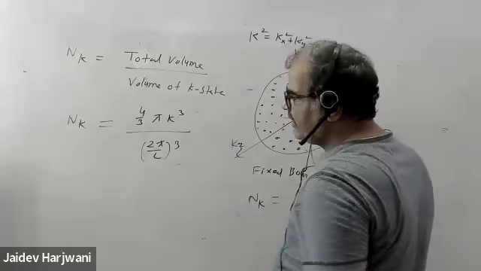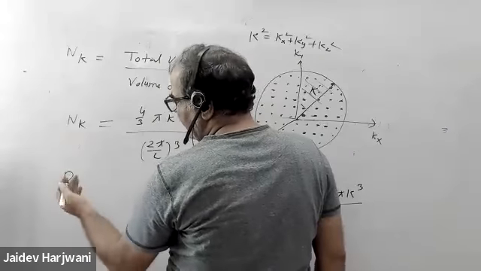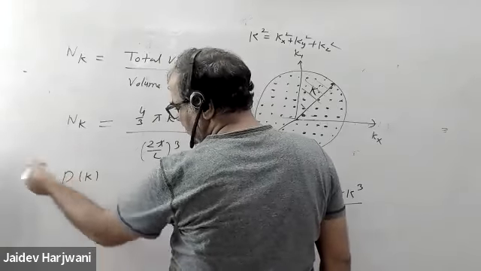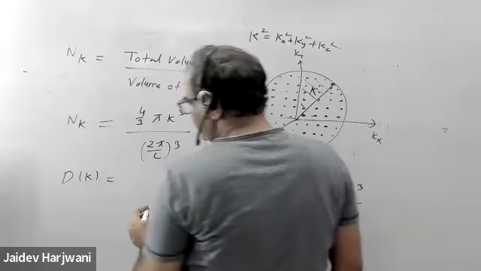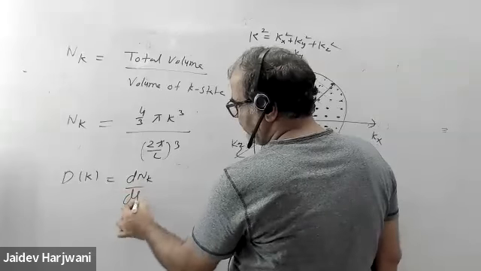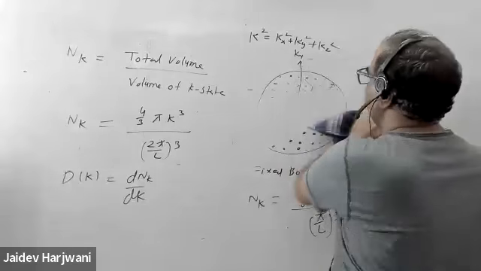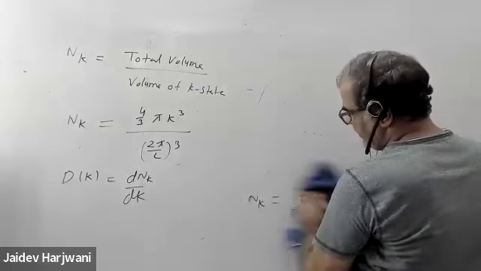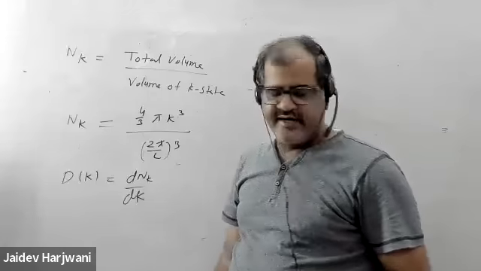Now I want the density of states. Density of states you generally write as g(k). Density of state is dnk upon dk, that is your density of state: the number of k states per unit k interval.